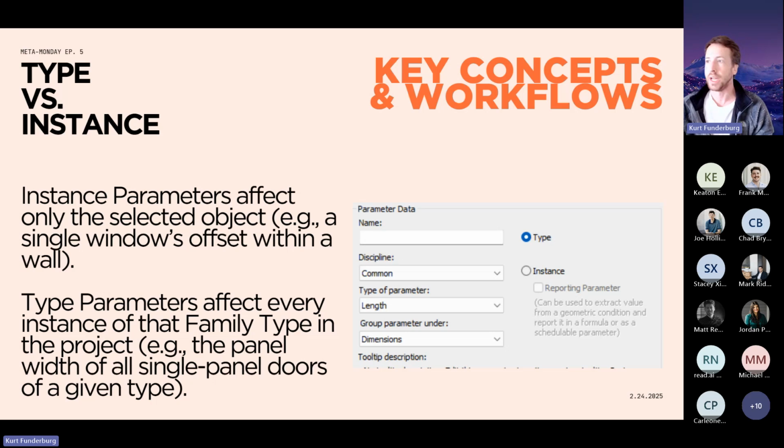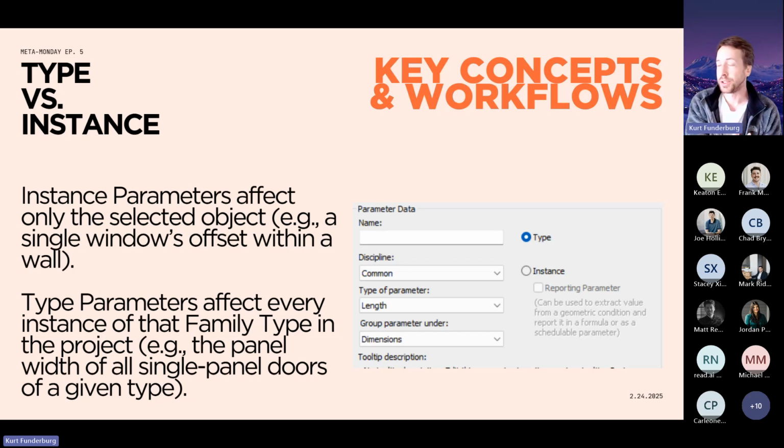So if Jim Bob told me to make the 36-inch door 34 inches in this location, and you go and change that type parameter for the 36-inch door to 34 inches, then every single 36-inch door is now 34 inches, which is not what we'd want to do. So we want to make sure that we understand what we're changing so that we can understand the repercussions that has as we design things.